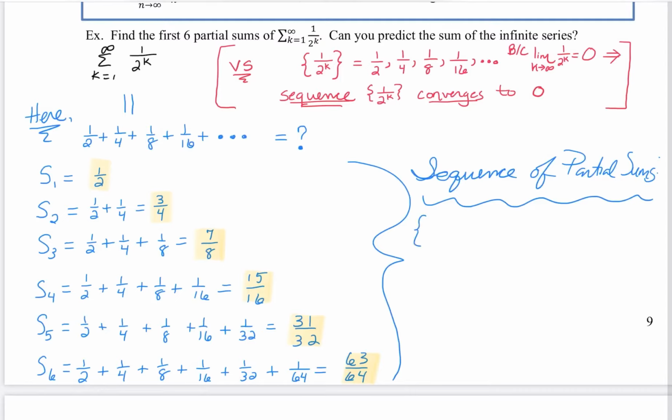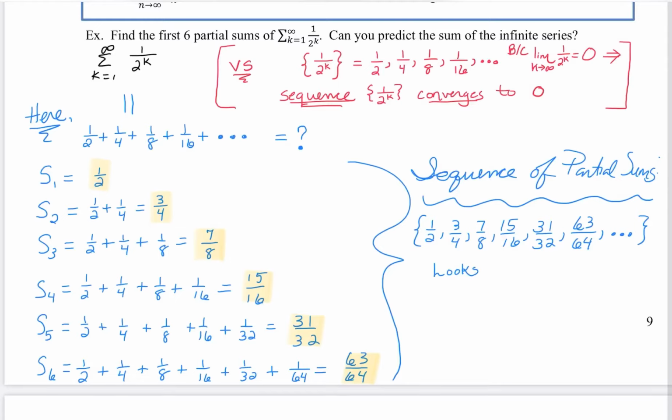What does it look like these are going to? 1/2, 3/4, 7/8, 15/16, 31/32. Doesn't it look like these fractions are getting closer and closer to 1 as we go on? We could do more if we wanted to.